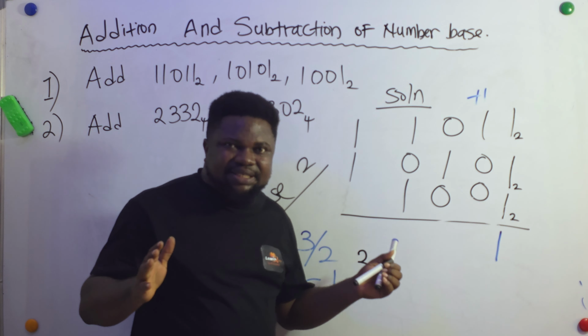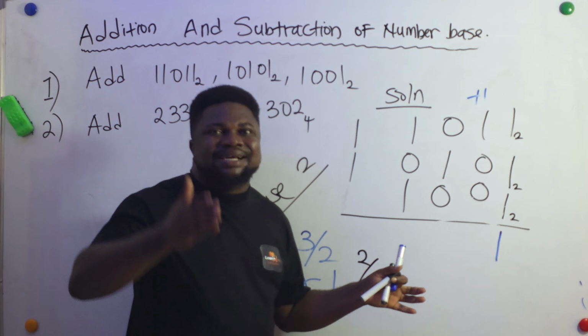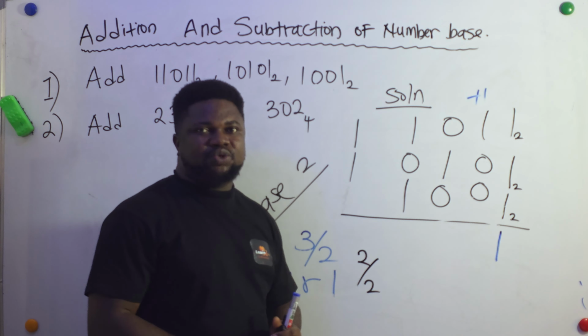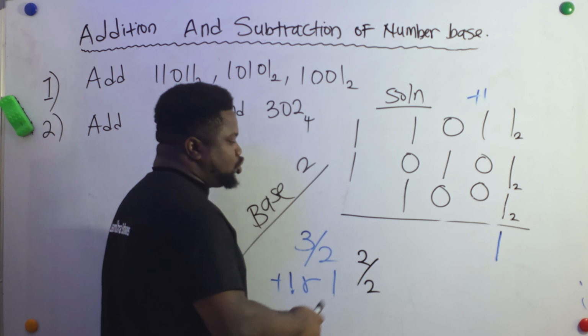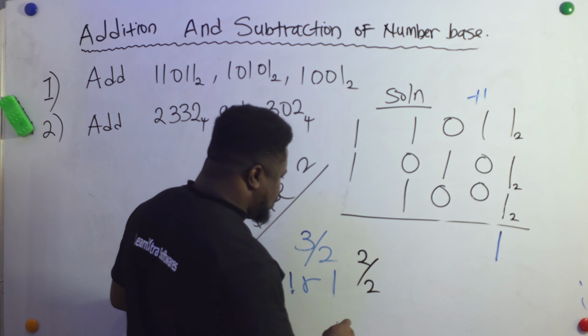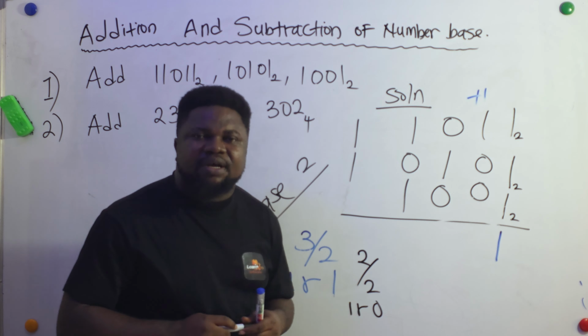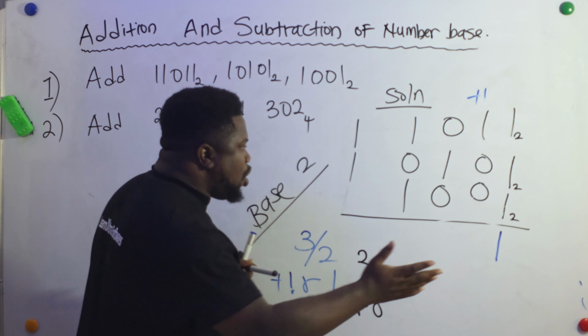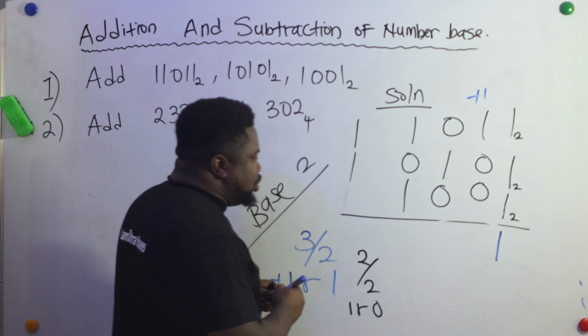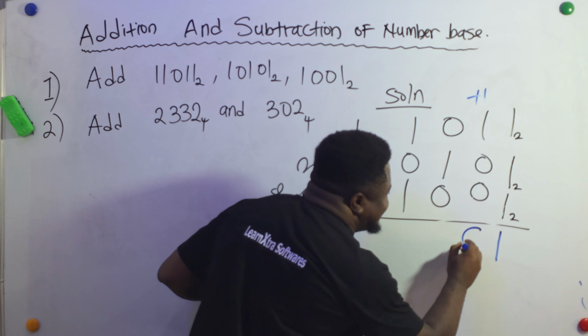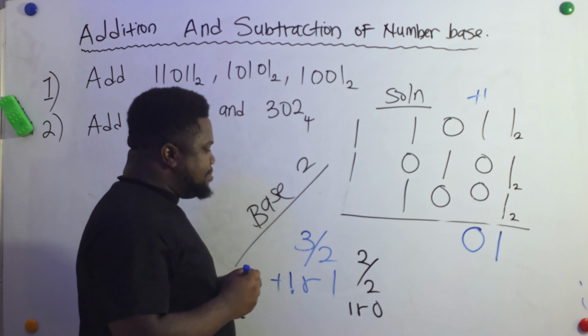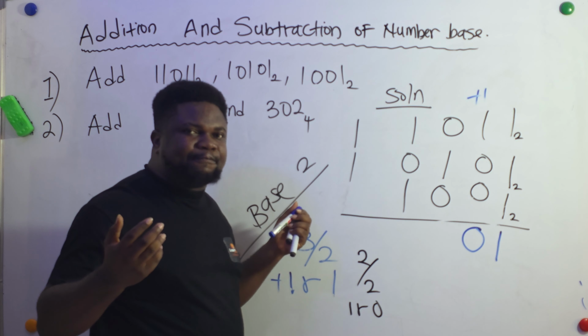Anything you get that's not 0 and 1, divide by the base you're working with. So 2 by 2 will give us 1, remainder 0. Nothing will remain. And always write down your remainder as the answer.